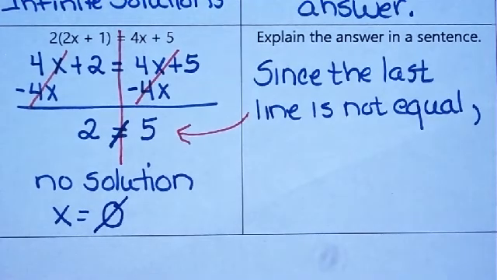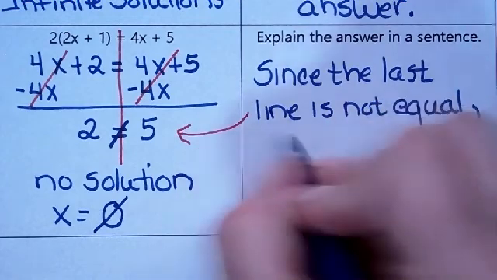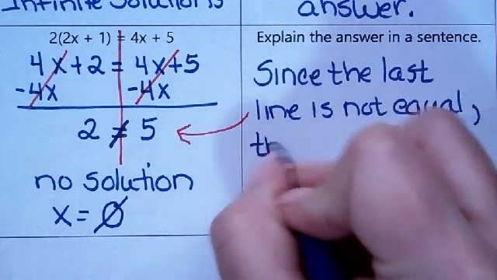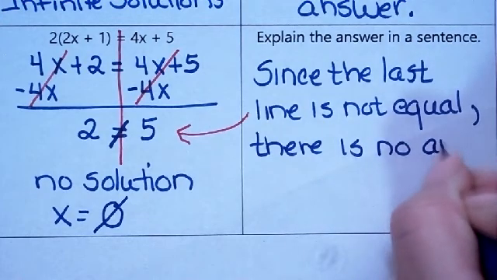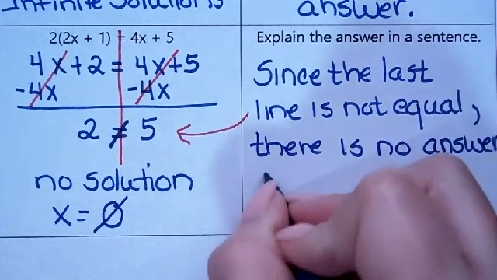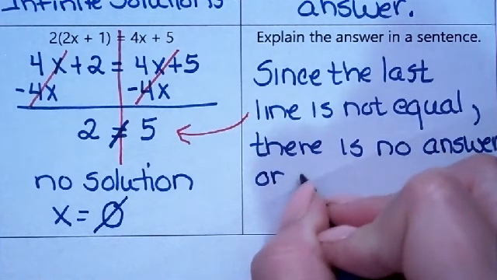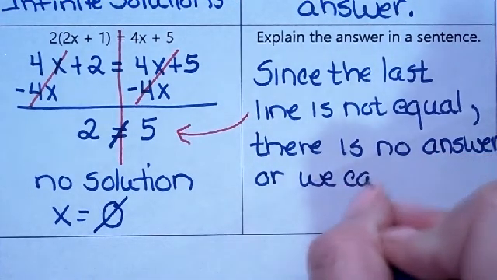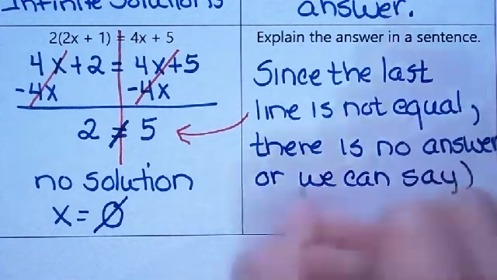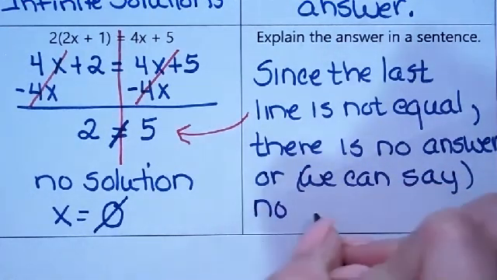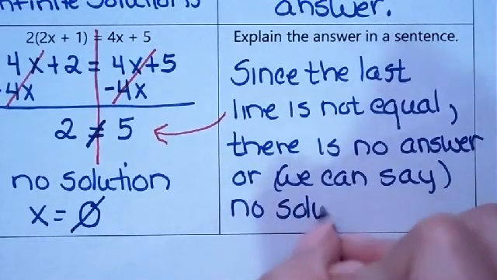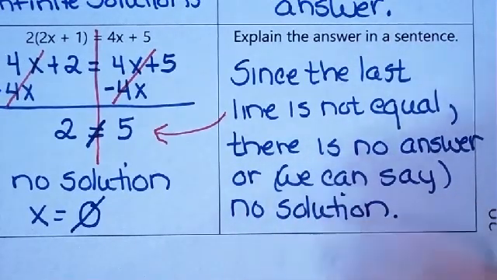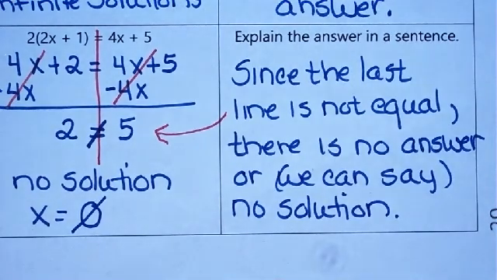Since the last line is not equal and I don't have a variable, okay, there is no answer, or we can say, let's put that in parentheses. We might, to sound fancy, we don't say answer, we say no solution. Remember, math people like that word instead of the word answer. Okay, what's your solution? Okay.